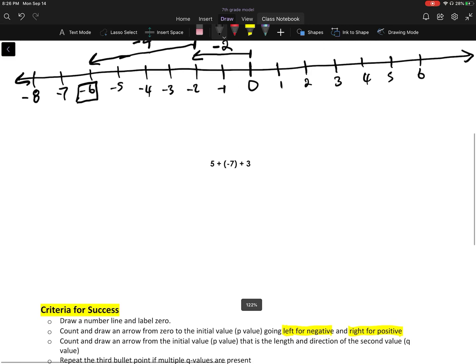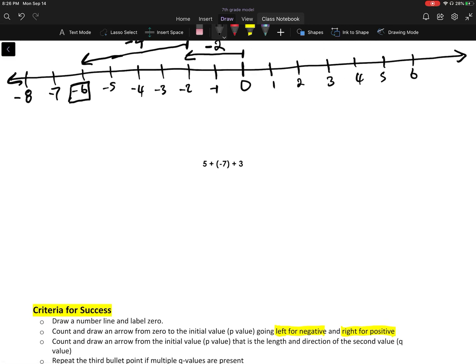So on the next problem, we have 5 plus -7 plus 3. So 5 is positive, -7 should get it smaller, and then a +3 should make it bigger, according to the conjecture. So first off, let's draw the number line.